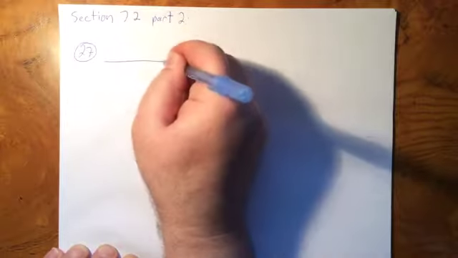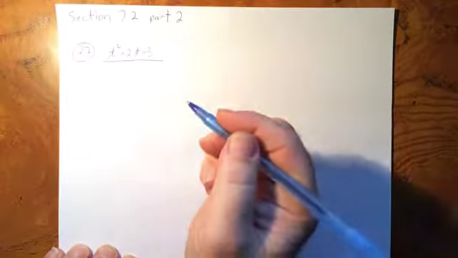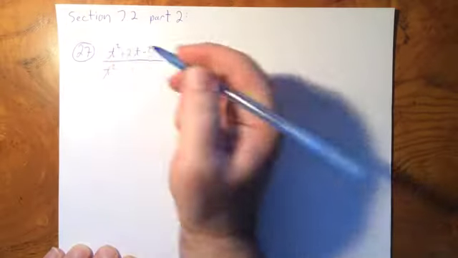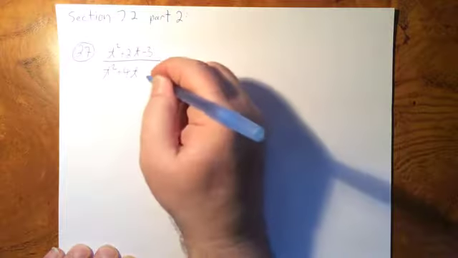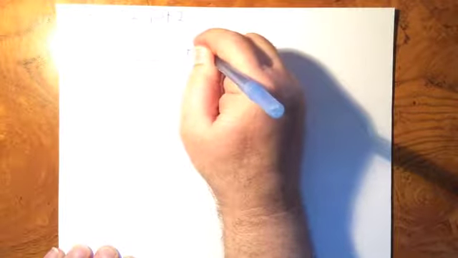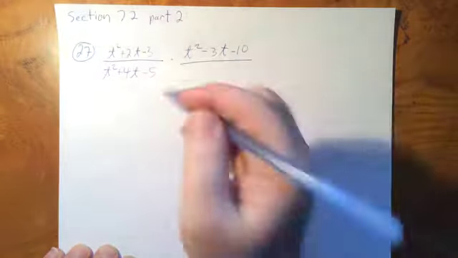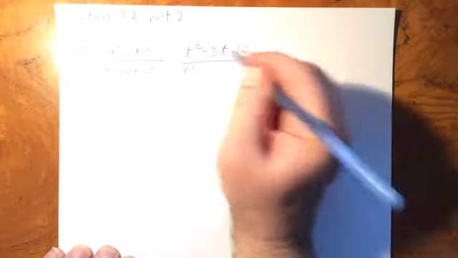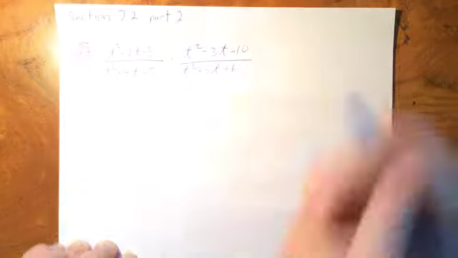So this is going to be the quantity of t squared plus 2t minus 3 over t squared plus 4t minus 5, times t squared minus 3t minus 10 over t squared plus 5t plus 6.